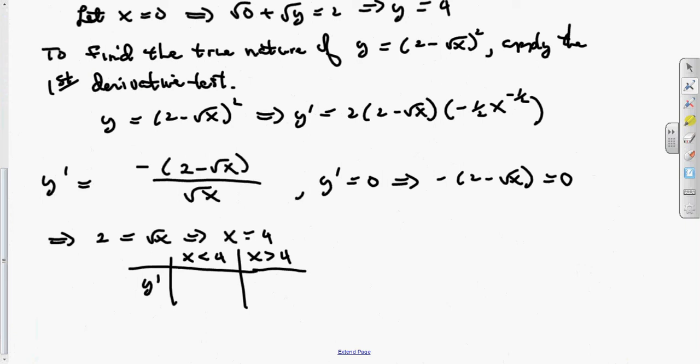It's only going to 0 because the square root of x is only defined for positive values.